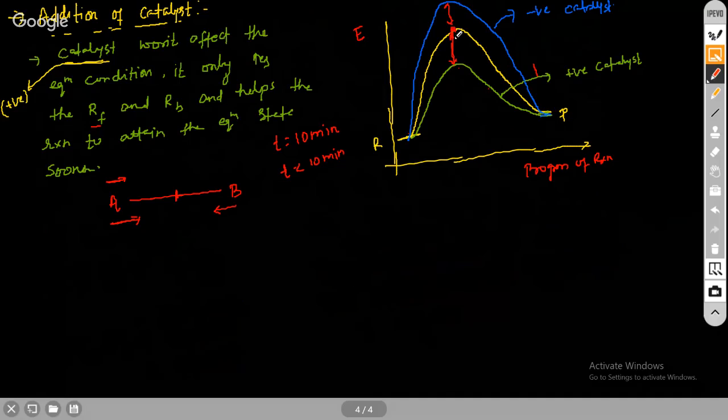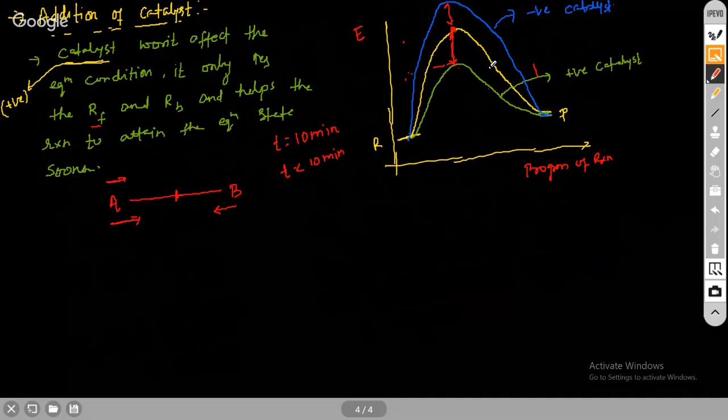So if this energy difference, which was initially from here to here, between reactant and the activated complex, now with positive catalyst, the energy difference is this only. So less energy difference, so it can cover it easily, and that's why the rate of forward reaction is more. And the reverse is true when the negative catalyst is there.